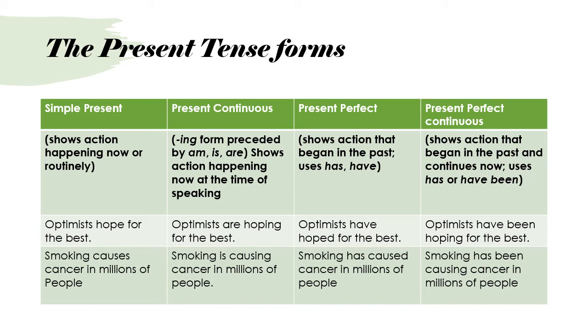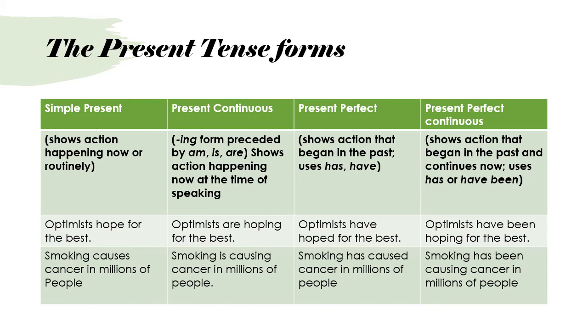The present perfect continuous shows actions that began in the past and even continue now. So we use has been or have been before the ing form of the verb. Optimists have been hoping for the best.